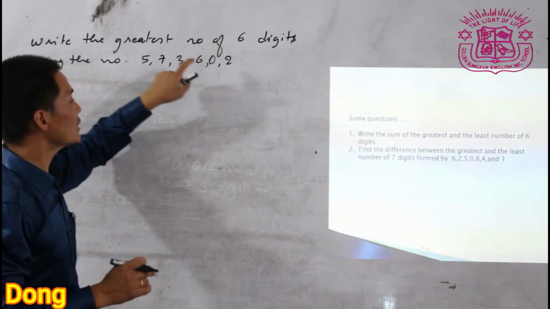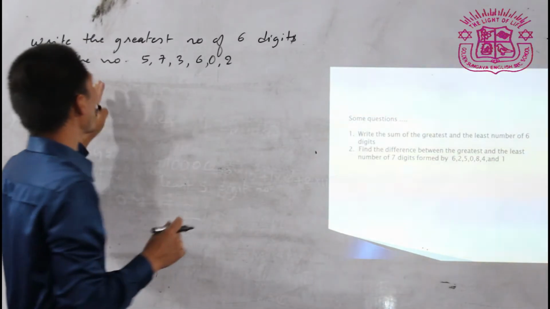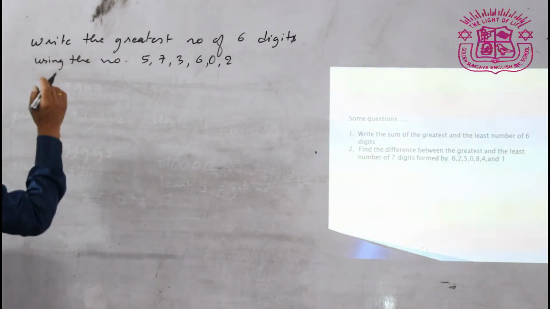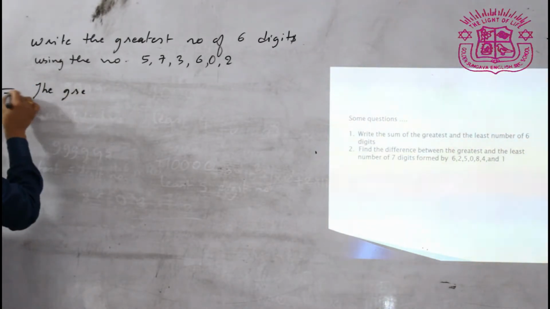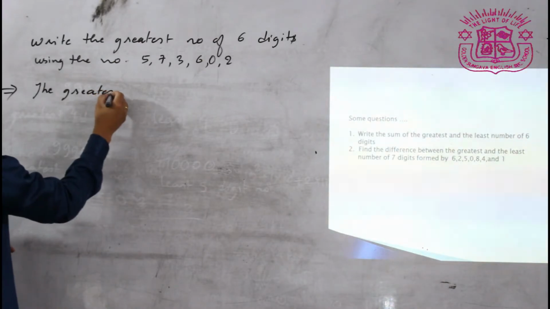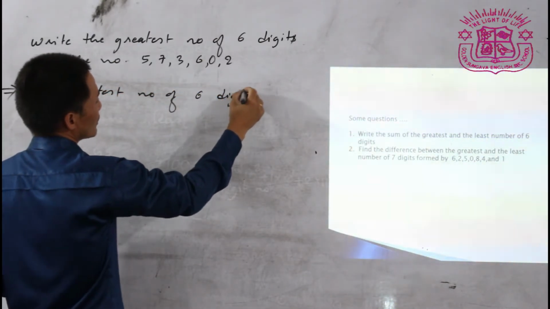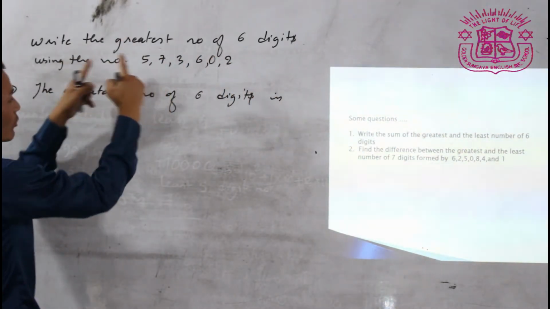So if the question is like this, what you have to do is, you have to write the greatest number at first. The greatest number of 6 digits is, so write the greatest number at first.